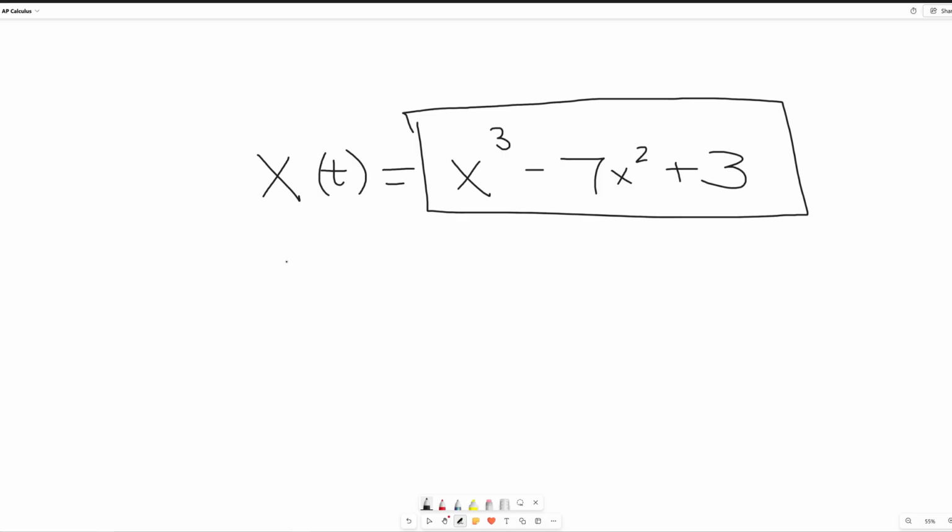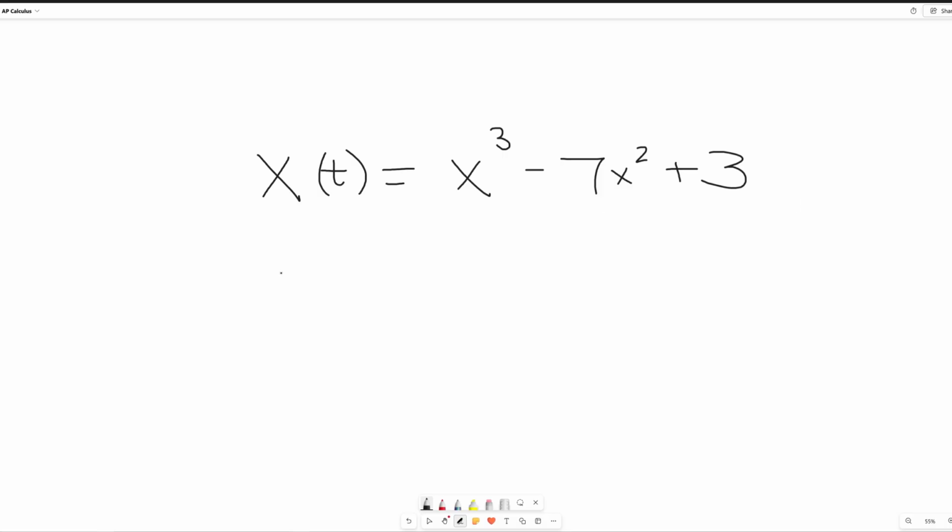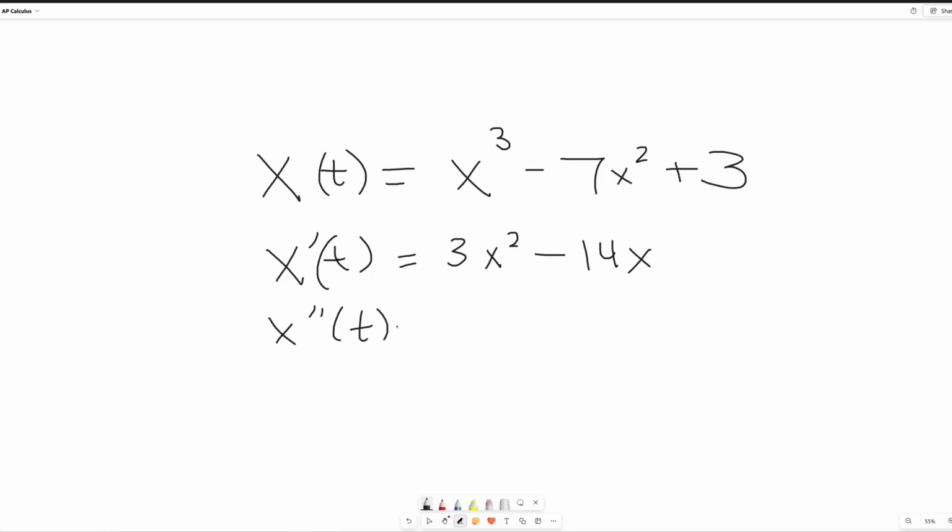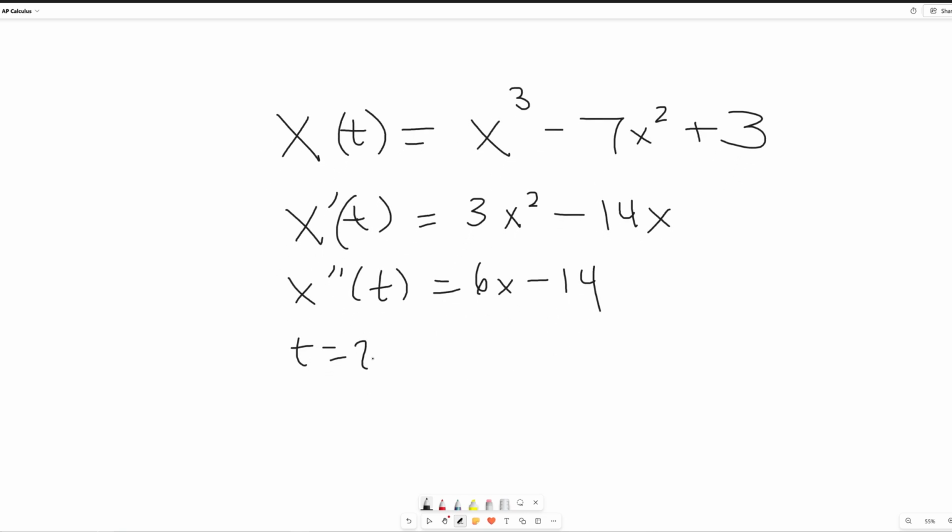Find the acceleration at 2. Well, let's take the derivative twice, because we know acceleration is the double derivative. Let's take the first derivative. Let's take the second derivative. Okay. And then we set t equals 2.